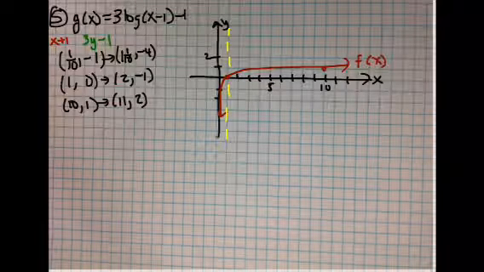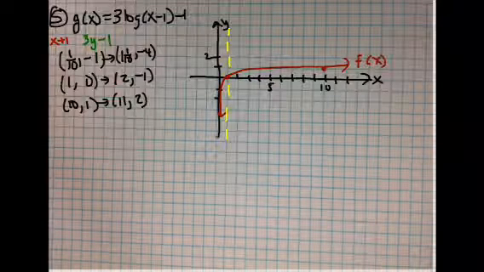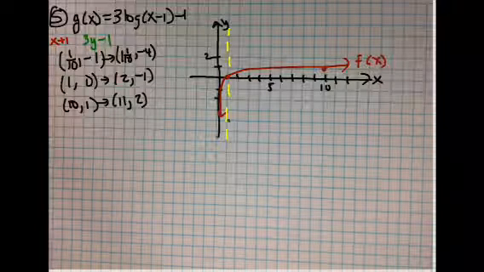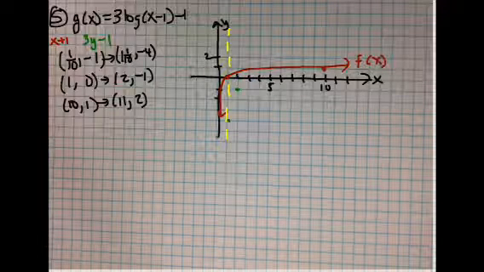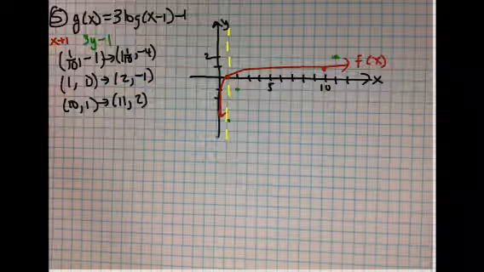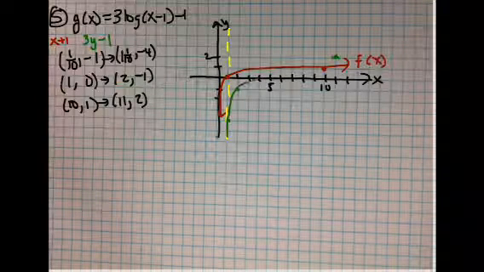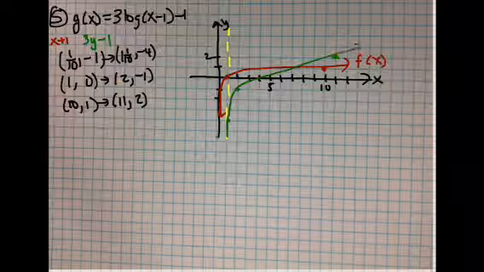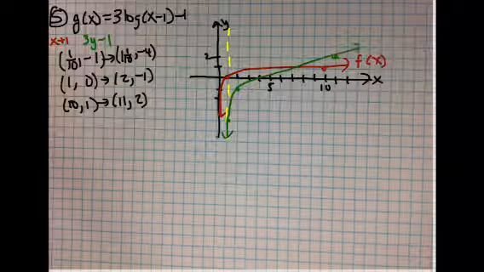And then the points 1, 1/10, negative 4, and then 2, negative 1, and then 11, 2. Okay, this is g of x.